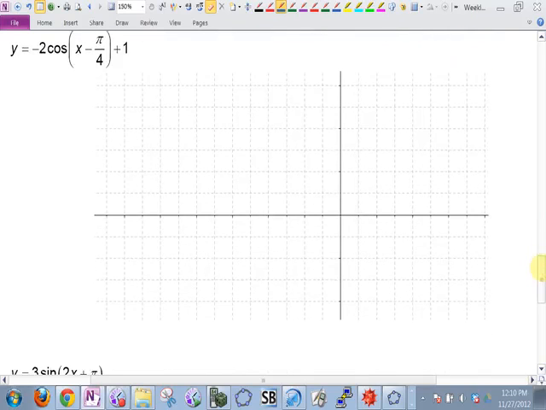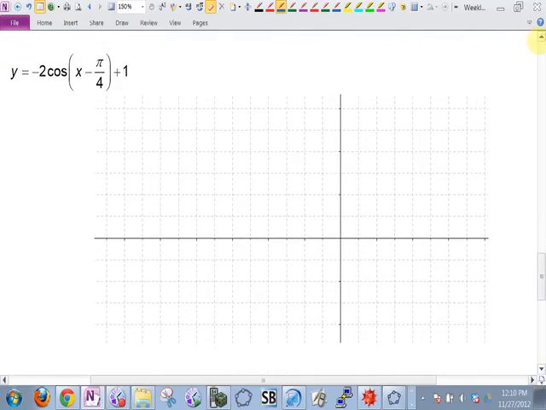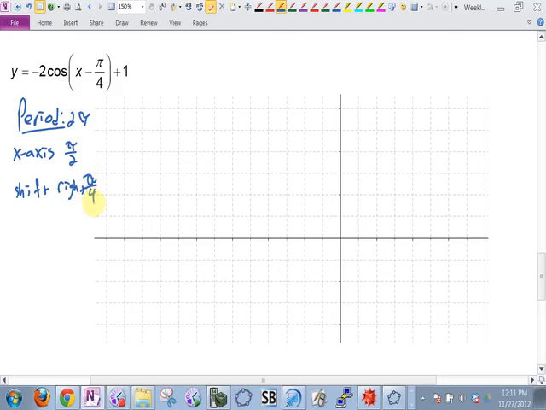Negative 2 cosine x minus pi fourths plus 1. The trick here is the fact that the period of this function is 2 pi, so we would love to label the x-axis by pi halves, but we're going to have to shift it to the right pi fourths, and that doesn't really line up very well.